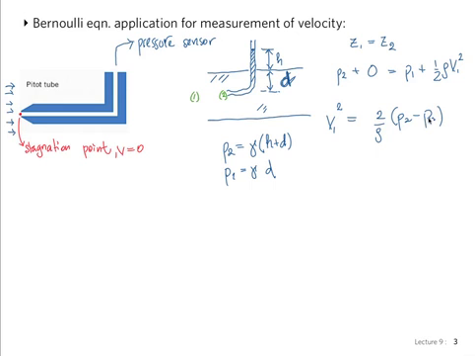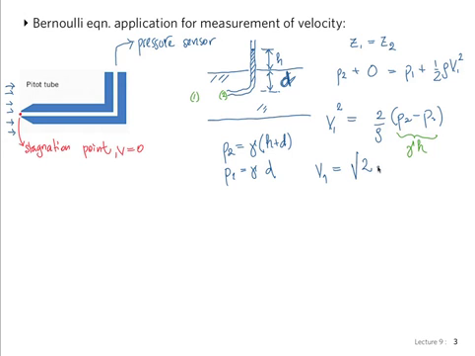So I put that in the equation, and basically this is gamma h, the little h. Which means I can solve for V. V1 is equal to the square root of 2 gamma h over rho.